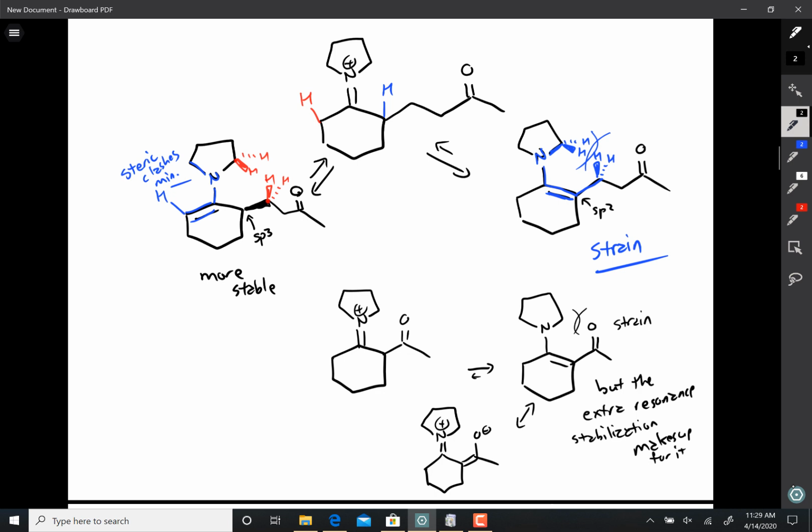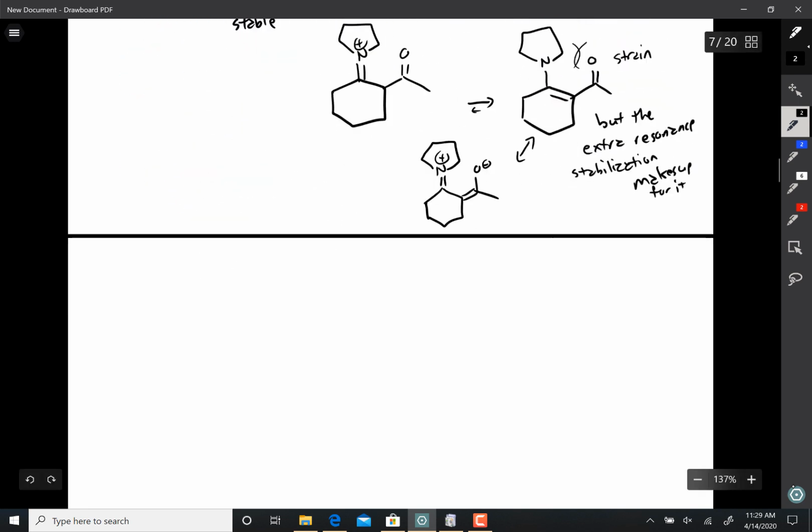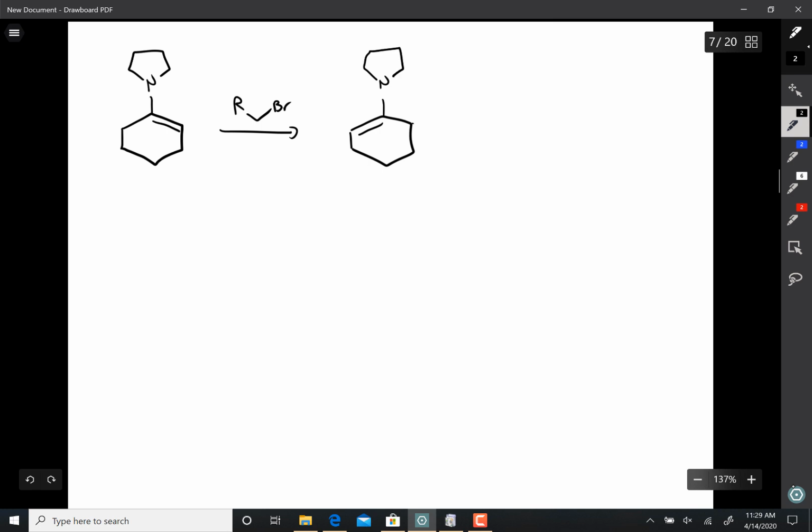Okay. Now, that's the same reason why the SN2 reaction puts a double bond the same way. It's to alleviate that strain.